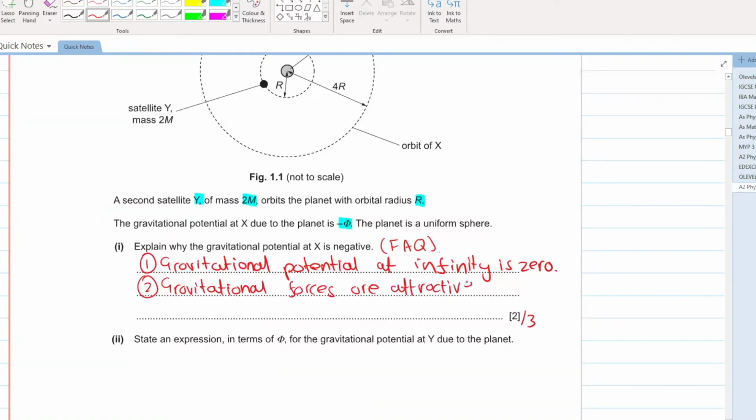The third mark, although this is a 2-marker question, but I am giving you an answer for a 3-marker, will be: work is done on the masses to move them far apart. Simple as that, nothing complicated here.